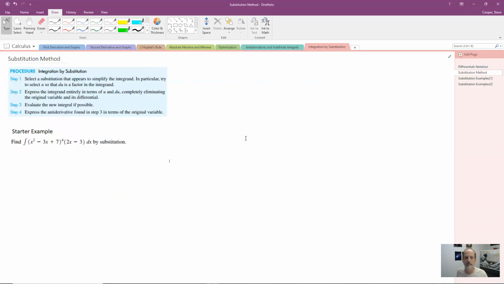So let's look at our first example. Now, you can read this procedure, but I think the best way to learn it is just through example. So I'm going to create a starter sample.